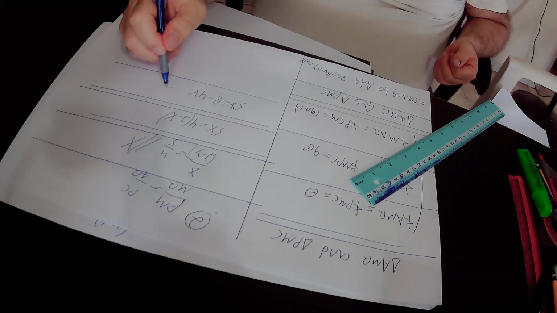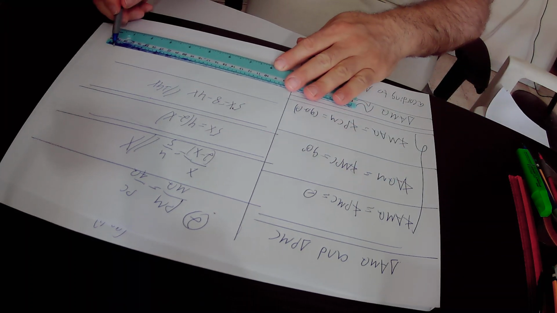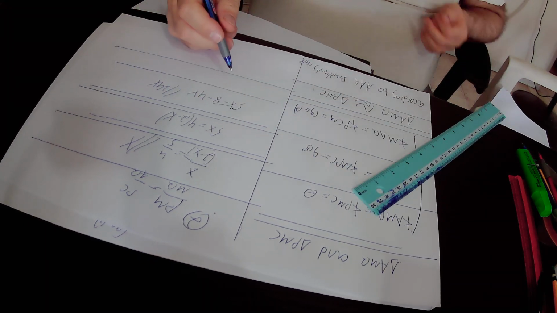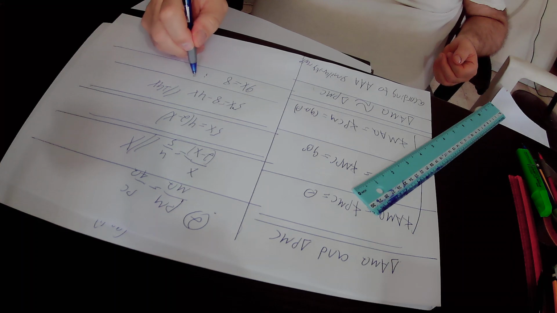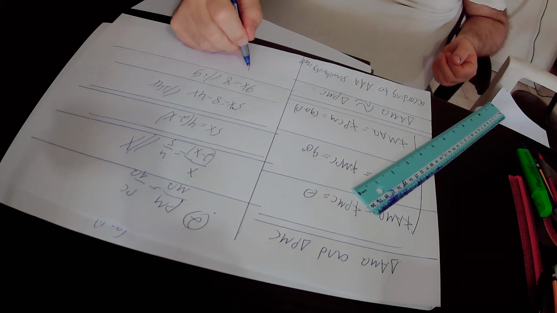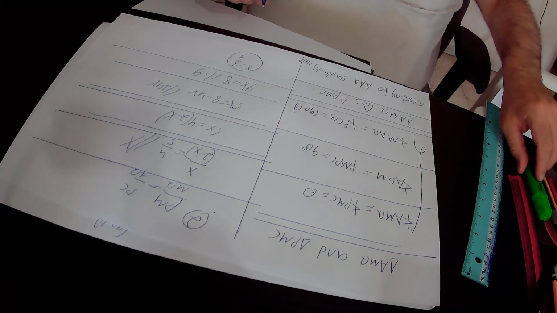Here we will add 4x to this equation and we get that 5x plus 4x is 9x. So 9x equals 8. Here we divide this equation by 9 and finally we get that x equals 8 over 9, or x equals 8 ninths. X equals 8 ninths.